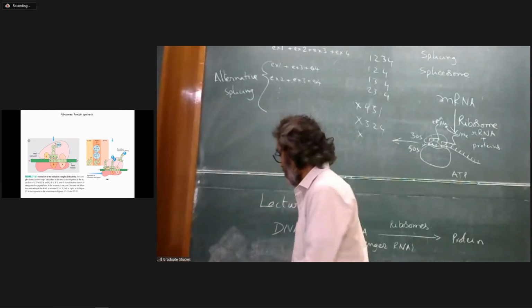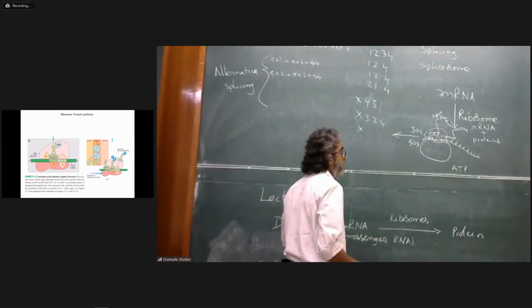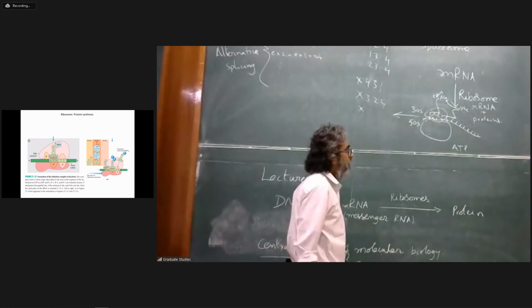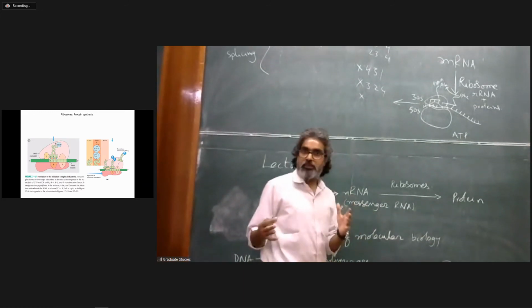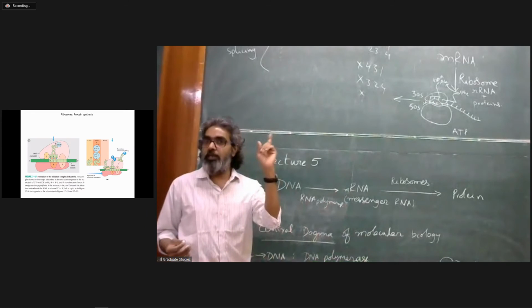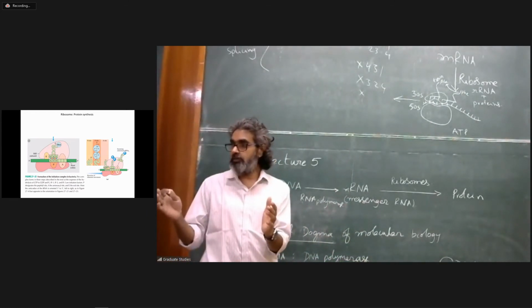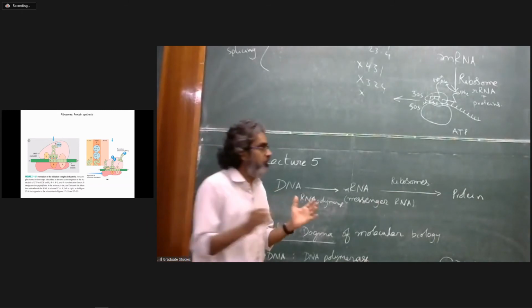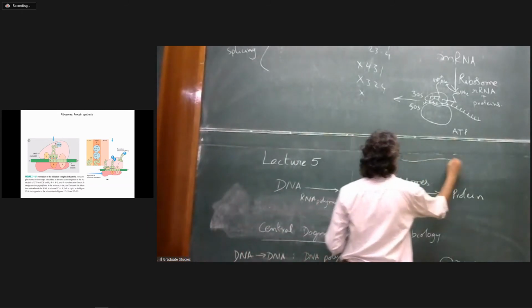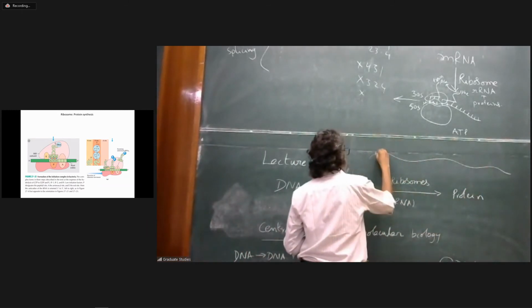Also, what you need to imagine is that amplification is important. You have one DNA copy, and then you make a couple of mRNA copies. But even if you have just one mRNA copy, let's say the mRNA is a long strand.